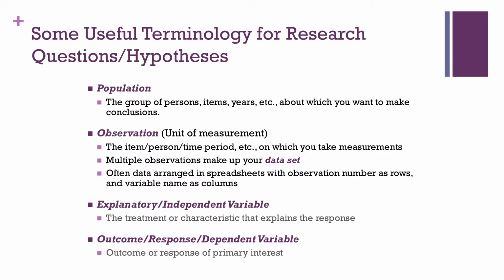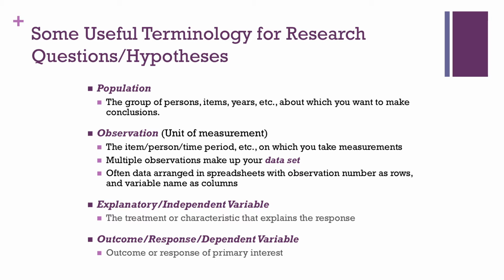In that case, the gender would be my explanatory variable. The explanatory variable is often referred to in a number of different ways. It could be referred to as the explanatory variable, it could be referred to as the independent variable, or it's sometimes also referred to as the predictor. And then sometimes in the case of an experimental study, it may just be referred to as the treatment.